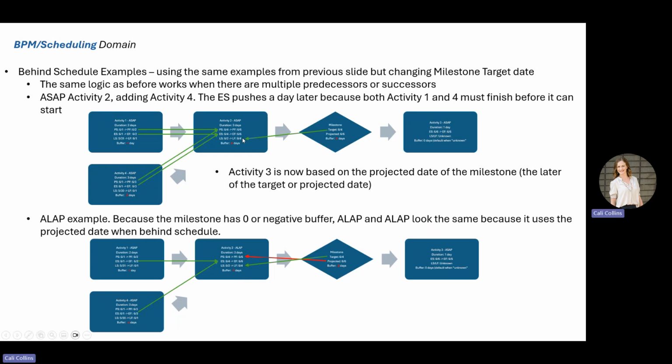You still do this backward pass with the targets here. And now your late finish date and late start date, once you carry over to here, is in the past. It's showing we should have started yesterday for activity 1. We should have started 2 days ago for the other activity here.